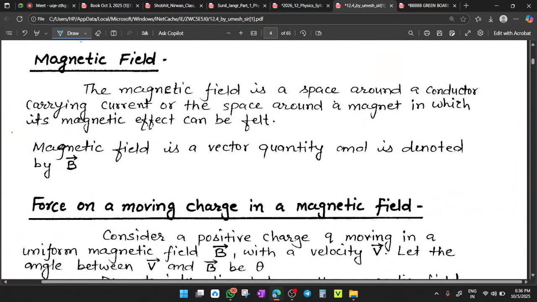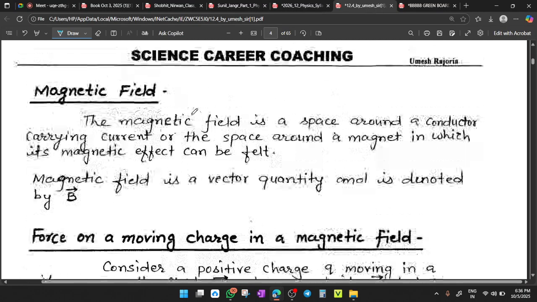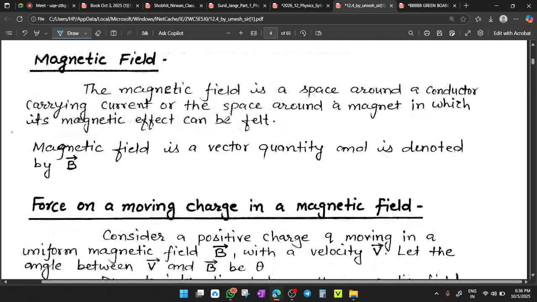Magnetic field. The magnetic field is a space around the conductor carrying current. Previously, in magnetism, magnetic field was a space around a magnet. But this definition is not completely correct here because we know the magnetic field is also developed around the current carrying conductor.